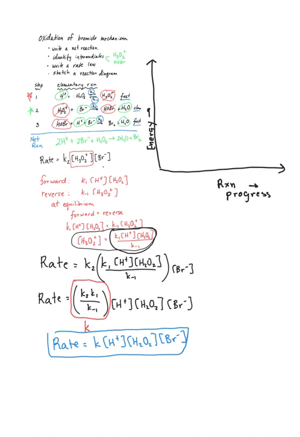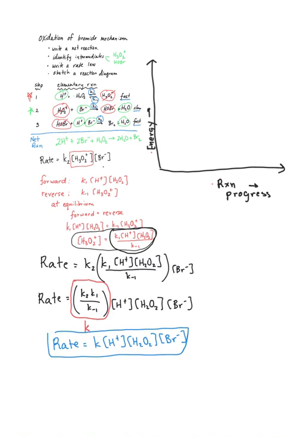Finally, to sketch out a reaction progress diagram, I've set up a set of axes on the right-hand side where we have energy as a function of reaction progress, or how far along in a reaction we've gone. Our reaction diagram should be represented by 3 peaks that represent each of our 3 individual elementary steps.